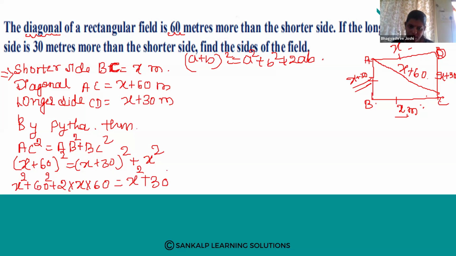B square means 30 square, plus 2ab, 2x into 30. Now, x square plus 60 square. 60 square means 3,600, 6 6s are 36, so 2 zeros are there. So 3,600 plus 60 into 2, 60 into 2 is 120x.